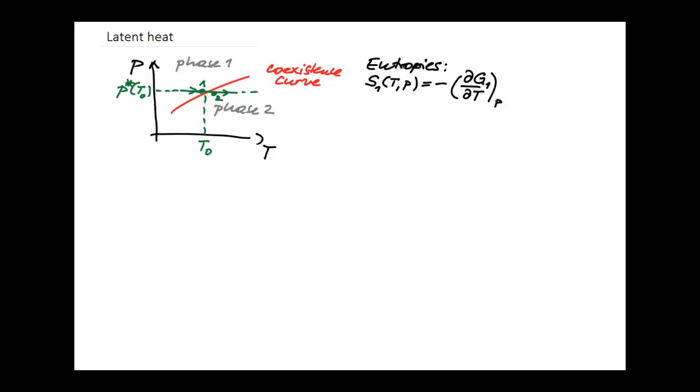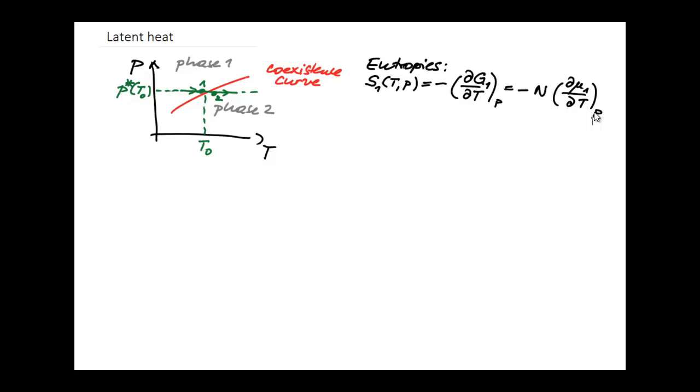So when we take the partial with respect to temperature of the free enthalpy, then we treat the number of particles just like a constant numerical factor. And all we have is the partial derivative of chemical potential with respect to temperature. So we can say that this equals minus the number of particles times the partial derivative of chemical potential in phase 1 with respect to temperature at constant pressure.